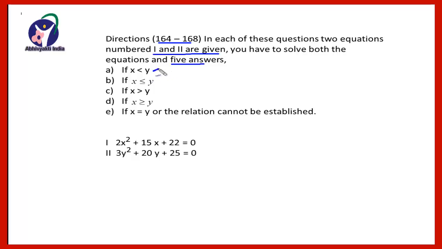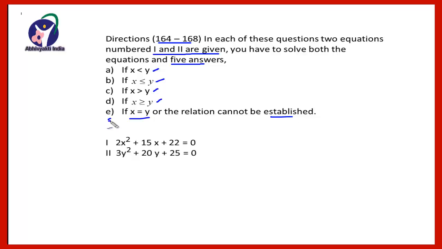If x is less than y, your answer will be A. If x is less than or equal to y, your answer will be B. If x is greater than y, your answer will be C. If x is greater than or equal to y, your answer will be D. And if x is equal to y or the relation cannot be established, then your answer will be E.